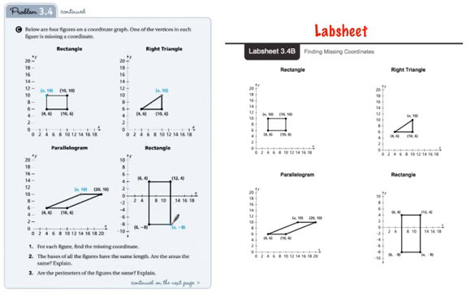Sorry, I missed one right here. This one as well. You are going to figure out what that missing coordinate is. You can just label it right on your lab sheet. Then you're going to answer C2 and C3. Again, you can do that right on your lab sheet or in your notebook if you would prefer. So go ahead, pause the video, and you can work on that.